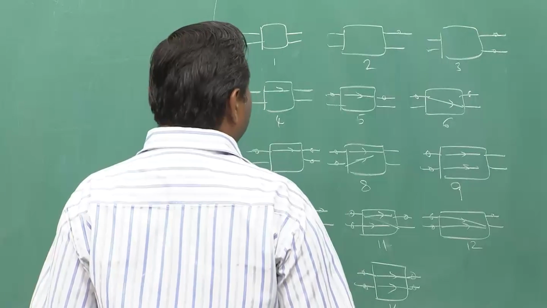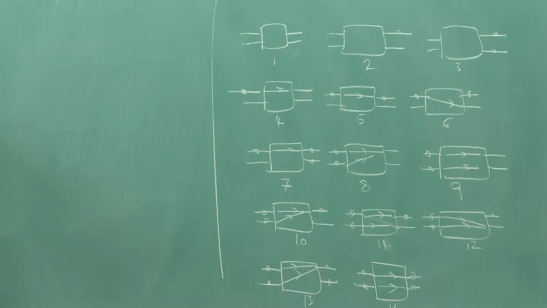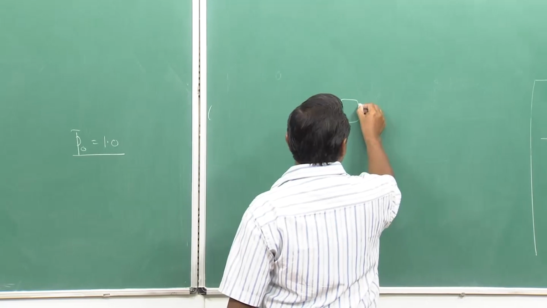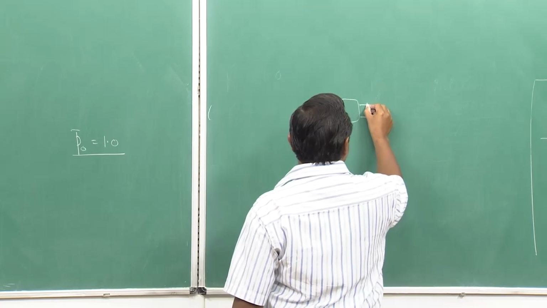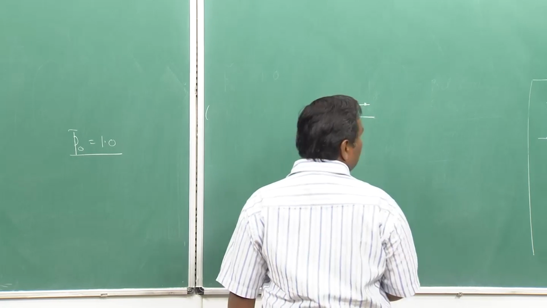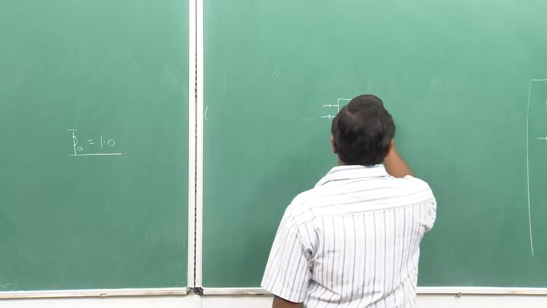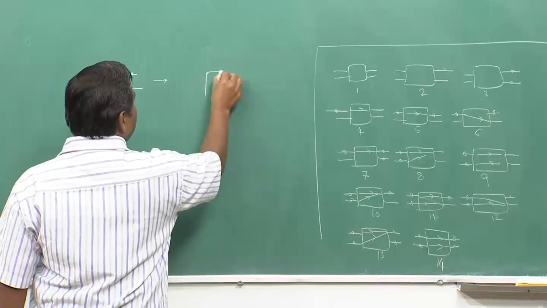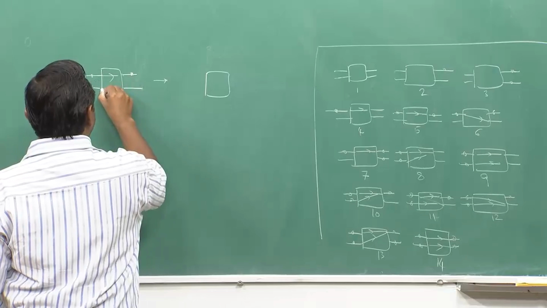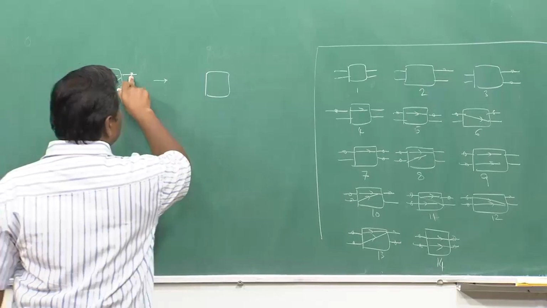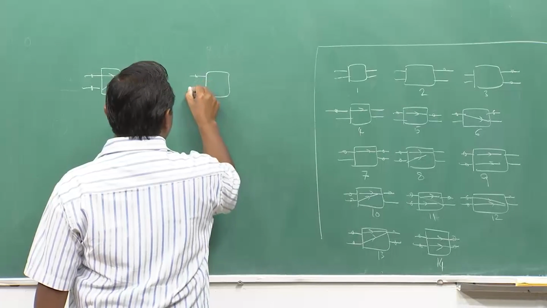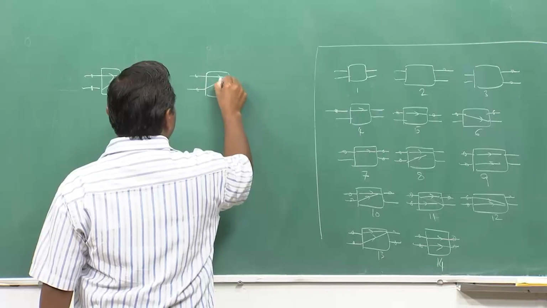Let me see what all things can happen. 2 packets will surely come, and you have a packet here. After the end of the slot, if both are directed on this side, then this packet will be read out, and I will end up in a situation of this kind.